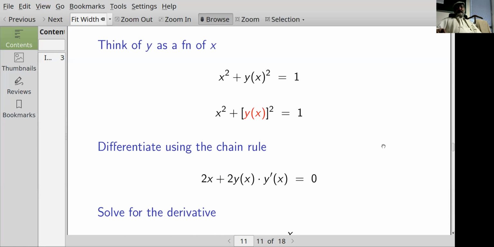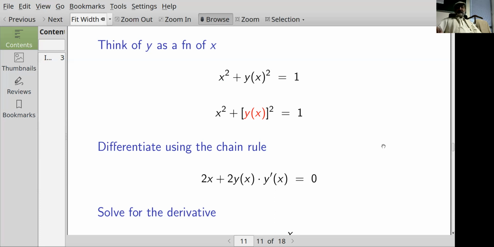Well, the derivative of x squared is 2x. Now you've got a function of y of x, right? So the derivative of that function with respect to y, the derivative of y squared with respect to y, is twice y. That was the derivative of the outer function. Now you have to multiply by the derivative of the inner function, which is the derivative of y with respect to x.